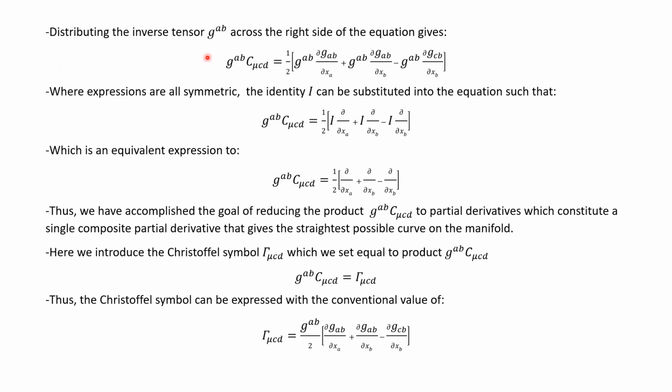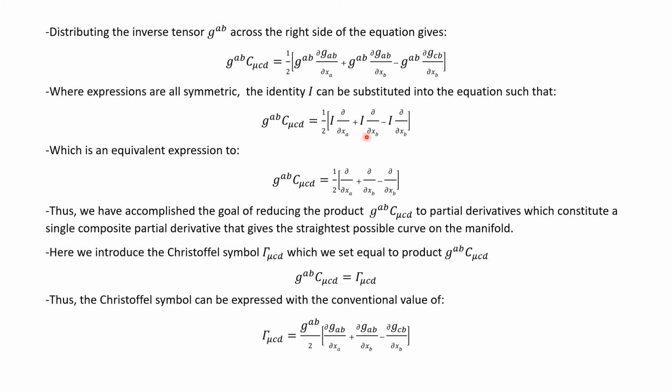Distributing the inverse metric tensor across the right side of the equation gives, as we see here. Where the expressions are all symmetric, the identity can be substituted into the equation, as we see here.